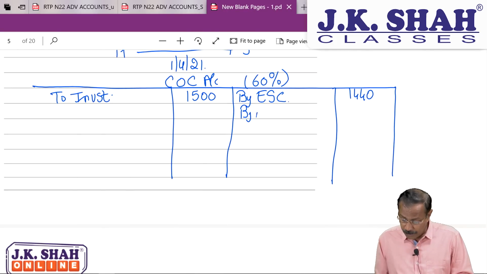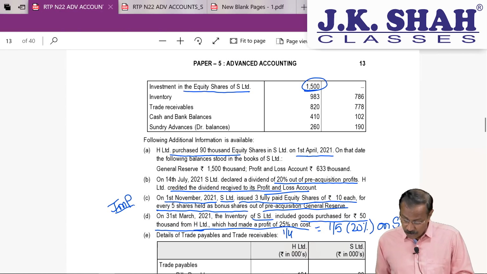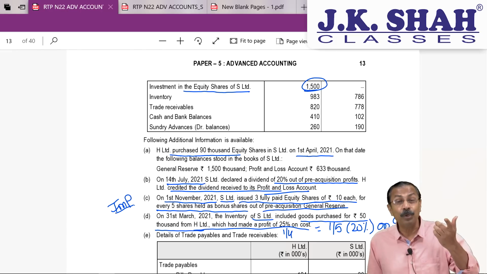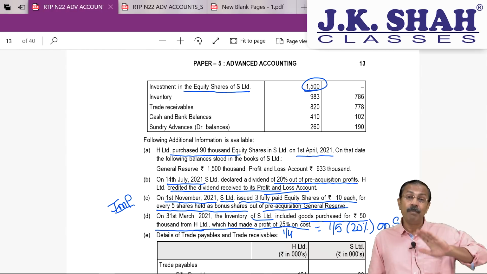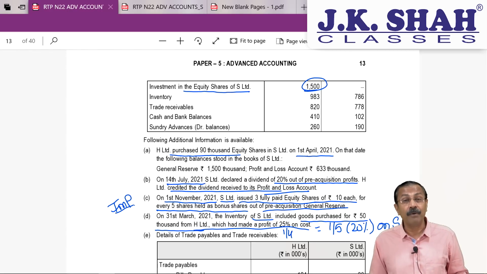By pre-acquisition dividend. Subsidiary company has paid dividend on 14th July. 14th July is before the bonus date. Bonus date is November. So dividend will be paid only on the old capital. Old capital was 1500, remember.